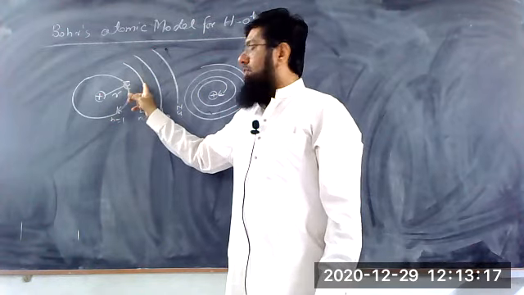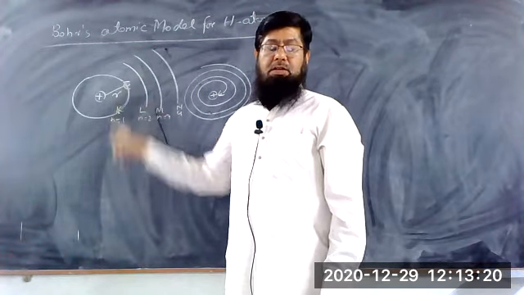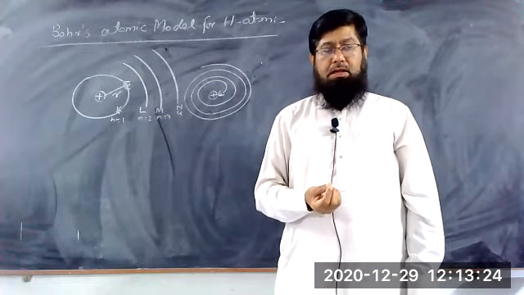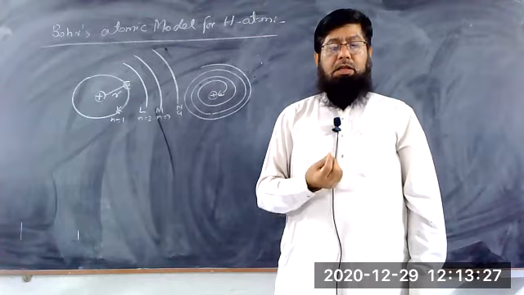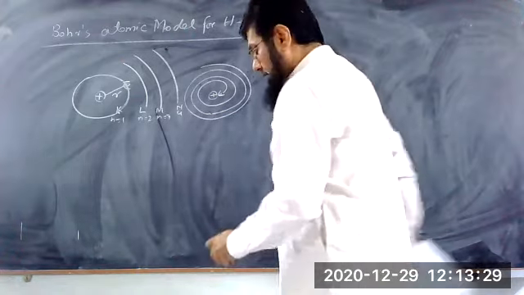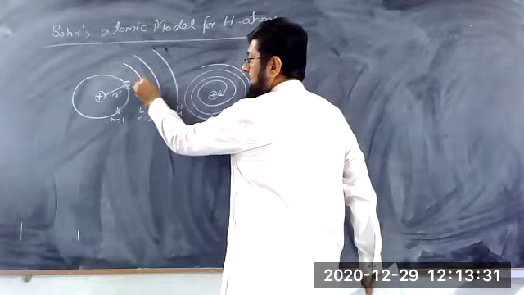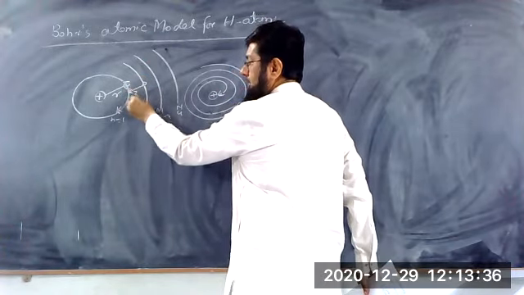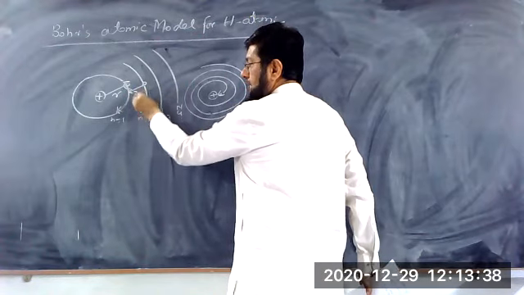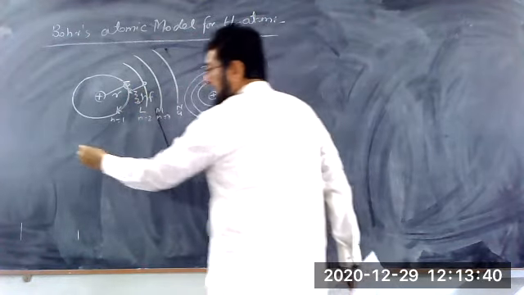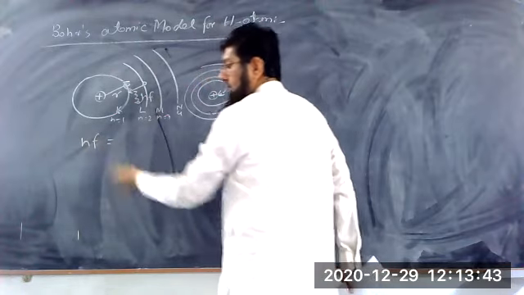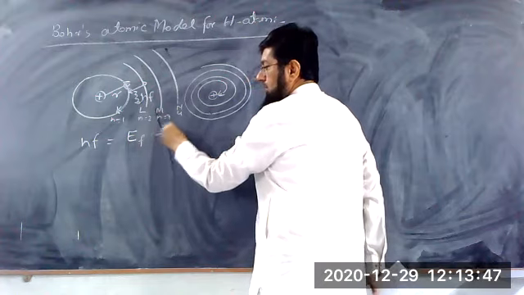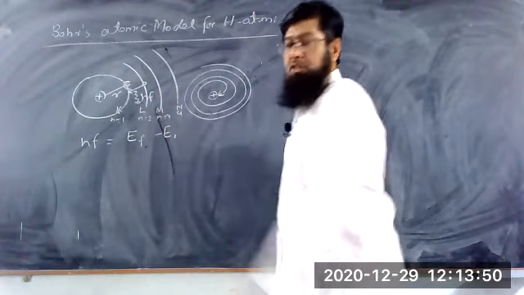When it de-excites, it radiates energy in the form of a photon, a packet of energy, hf. This hf, the energy of the photon, is the energy difference of the two states, the final energy state minus the initial energy state.